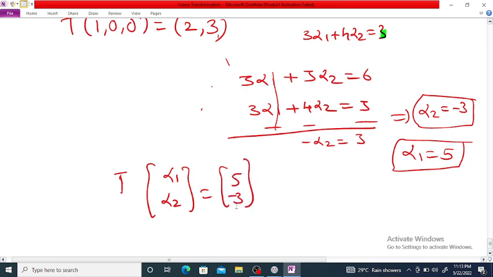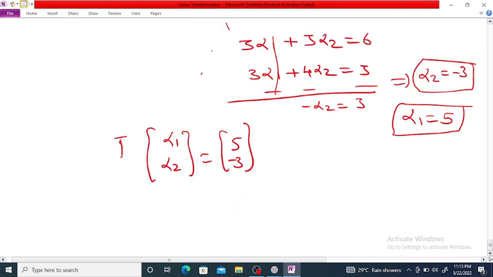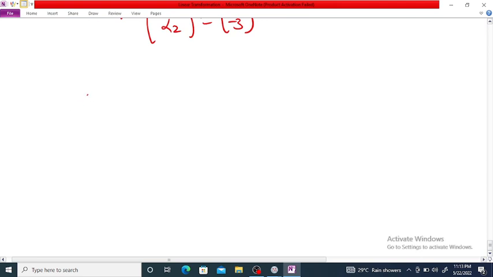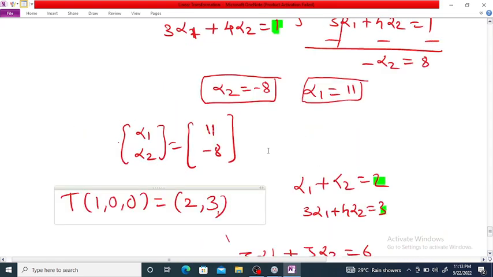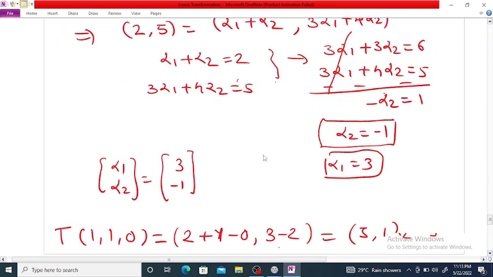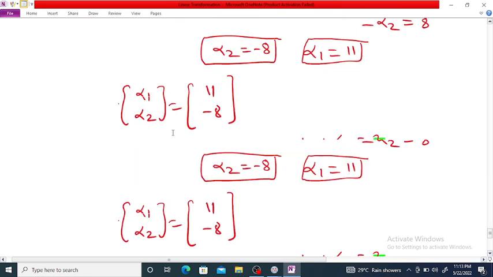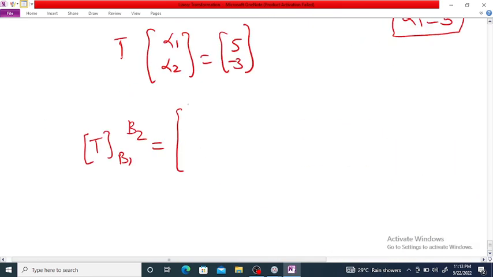Now we want to form the matrix with respect to bases B1 and B2. The matrix contains, as columns, the coordinate vectors of the image vectors. The first column is 3, minus 1.